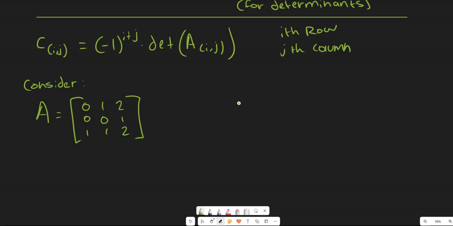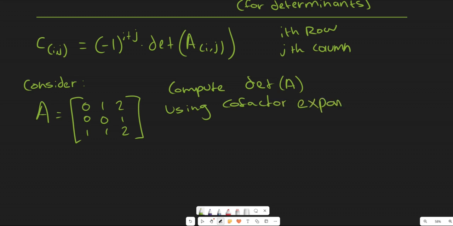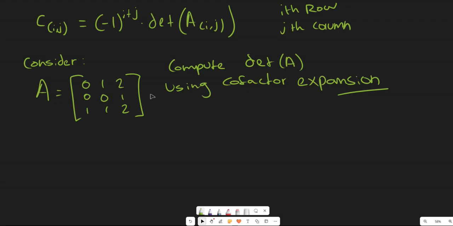So we use Laplace or cofactor expansion to help us compute determinants. So let's say compute the determinant of A using cofactor expansion. Let's go ahead and do that.